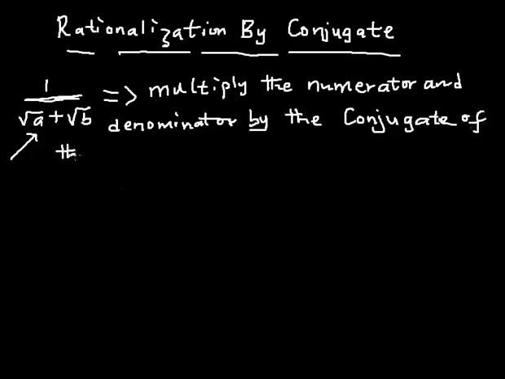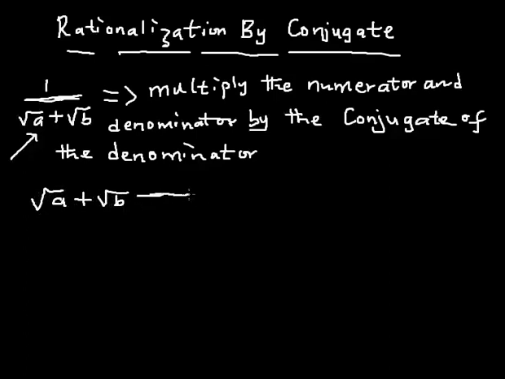So I'm going to multiply everything by the conjugate of the denominator. Now the question is, what is the conjugate of the denominator? Root a plus root b is my denominator. The conjugate of that is going to be root a minus root b.